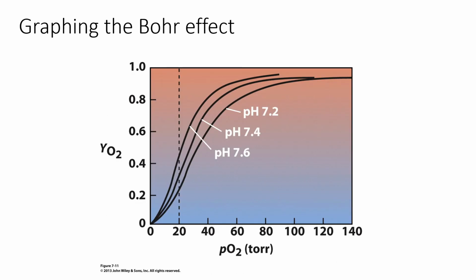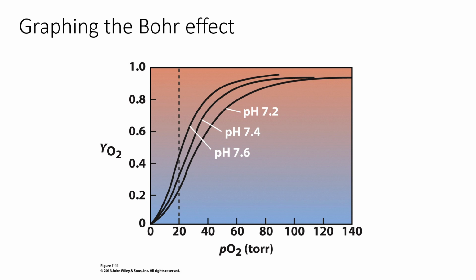So what does that mean graphically? That means that our curve for oxygen binding for hemoglobin is going to shift depending on the local pH. At the lungs, you might have one pH that's a little bit higher, versus in more oxygen-starved tissues, you might have a lower pH.